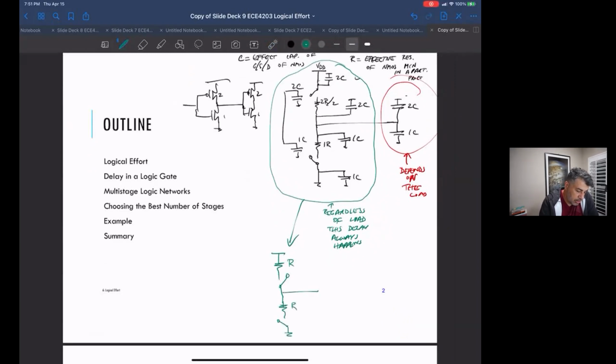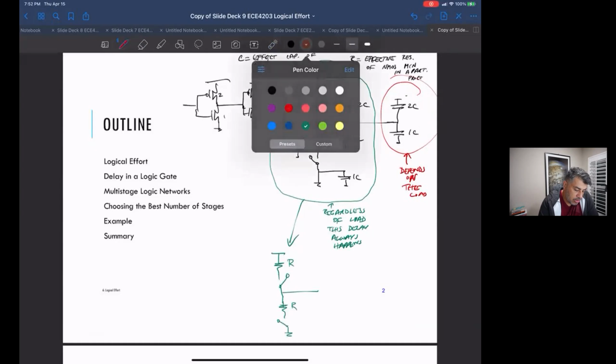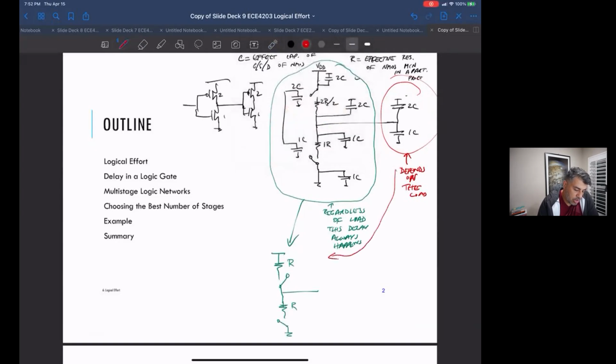And then I'm going to sum up the capacitances here. I'm sorry, this is both. So it's not just this, but also driving one other guy like myself. Okay, so a single load.